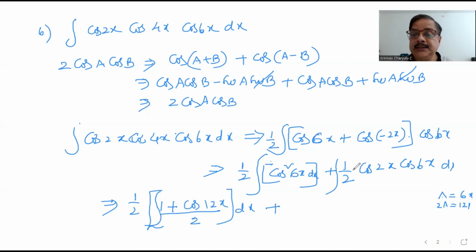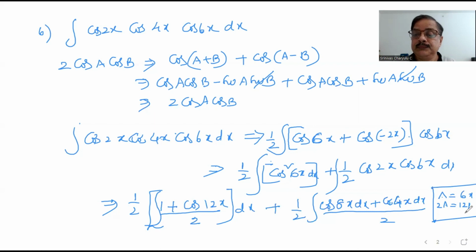Then plus, this side will come now. Here cos 2x cos 6x. Again same formula. What is that formula? Cos of first addition, that is 8x, plus subtraction, 4x, whole thing divided by 2. So now next step.